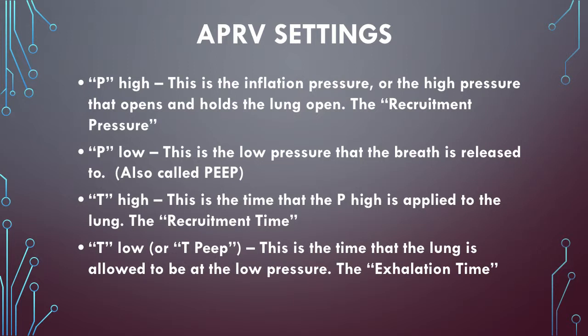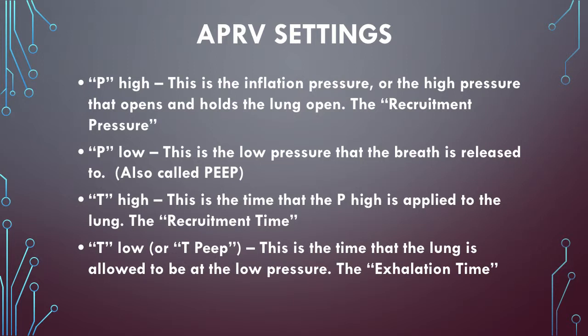Your time high is the time that the pressure high is applied to the lung, and it's kind of like the recruitment time. You say how long you want to stay up at that high P high, or your mean airway pressure, before you want to facilitate ventilation. So typically people might start at 4 or 5 seconds on that.